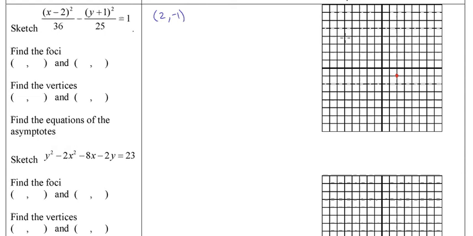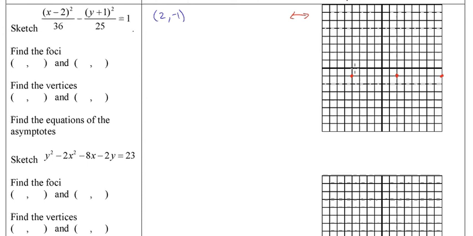Now our foci, let's find the vertices first here. Our vertices are going to be opening to the left and right because x is our positive fraction here. Our vertex is going to be 6 to the right of that point, so 1, 2, 3, 4, 5, 6, right on the edge of the graph, and 6 to the left, 1, 2, 3, 4, 5, 6.